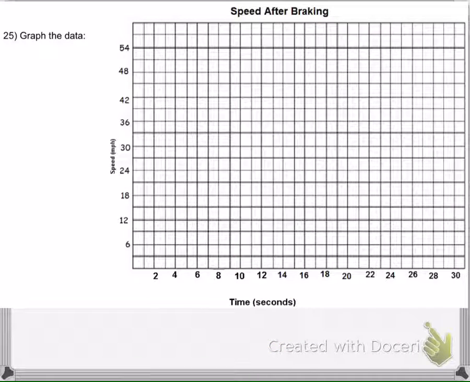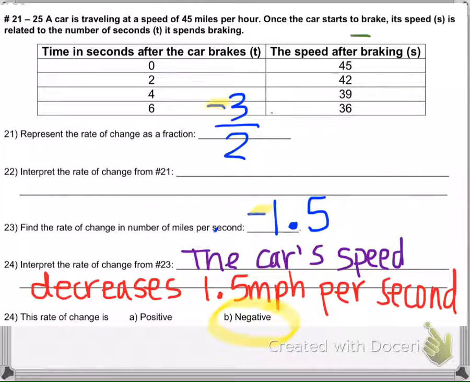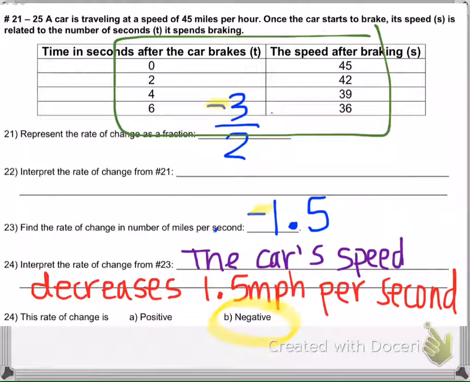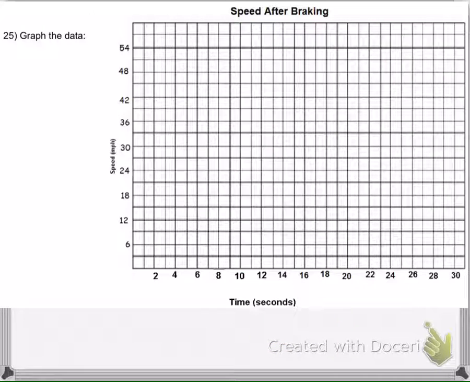So now we're asked to graph. So I'm going to take the table here and graph those ordered pairs. So in 0 time, the speed of the car initially is 45. So we'd have 0 and 45.